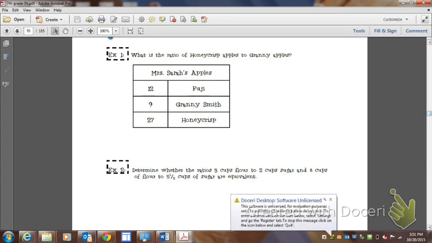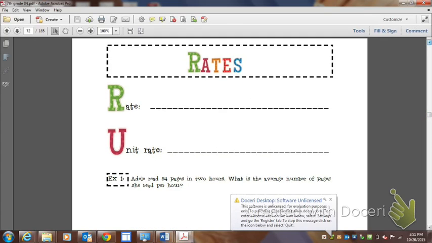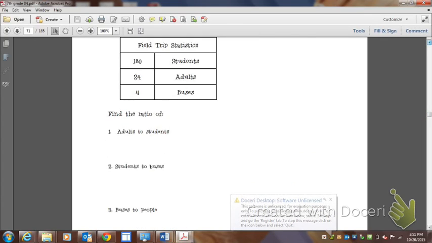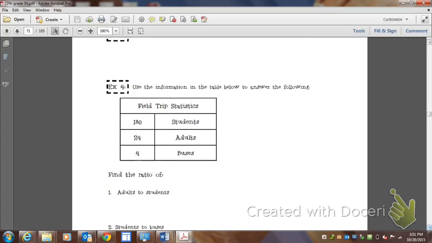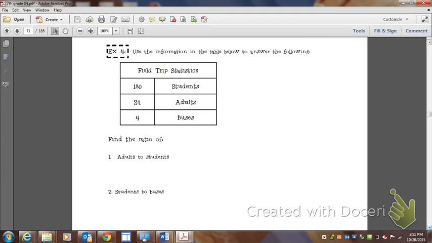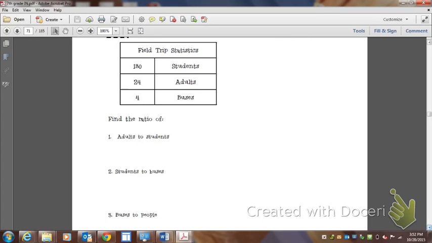Going to the next example. Alright, we're going to go to example number 4. They want us to use the information to answer the following questions. So it is asking me, what is my ratio of adults to students?